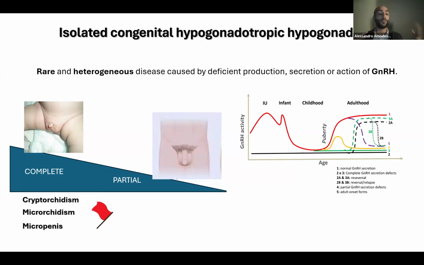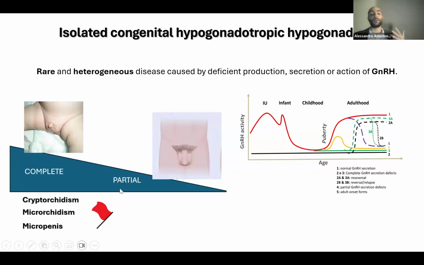We have complete forms in which we have a complete absence of puberty, often associated with signs of deficient mini-puberty, such as cryptorchidism, microorchidism, micropenis. In this case, it is easier for the physician to make a diagnosis, but the prognosis of patients, especially in terms of fertility, is worse.